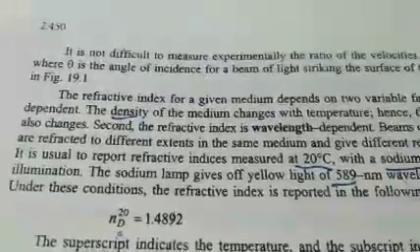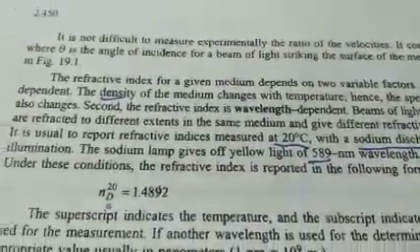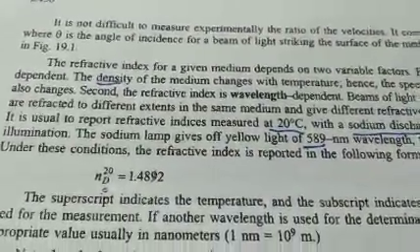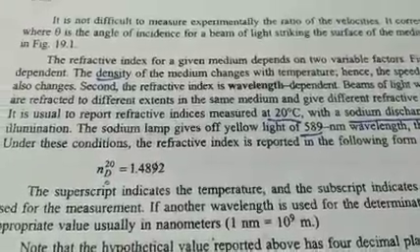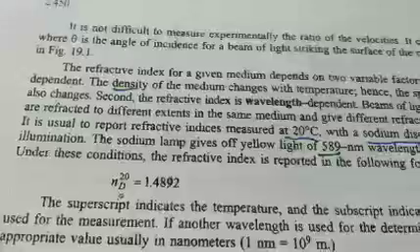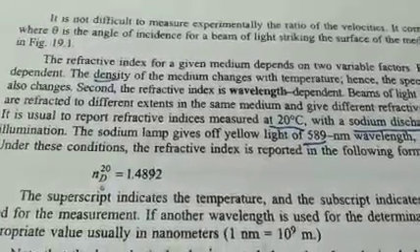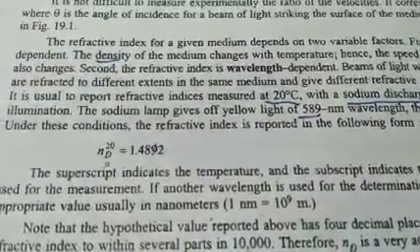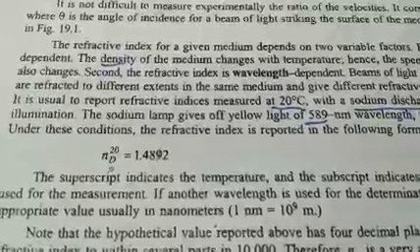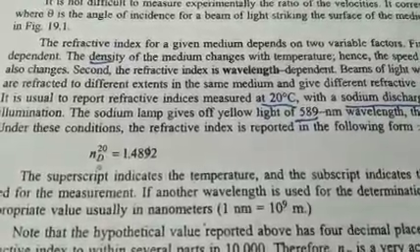Next point, factors affecting refractive index. When we use the instrument, we should know which factors change the result. For removing error, there are mainly two very important factors: temperature and density.